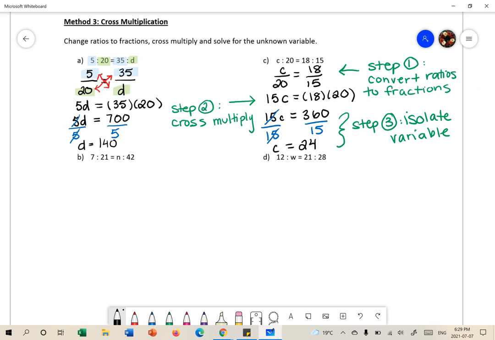Let's try the next one. 7 to 21 is equal to n to 42. I'm going to convert 7 to 21 into a fraction and equate that to n over 42. Cross multiplying, 7 times 42 is equal to 21n.